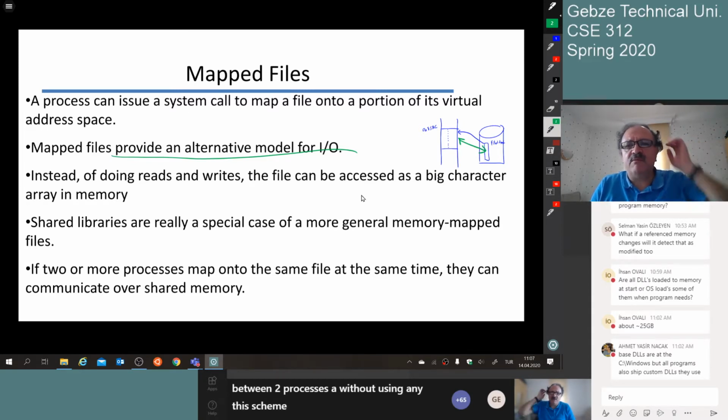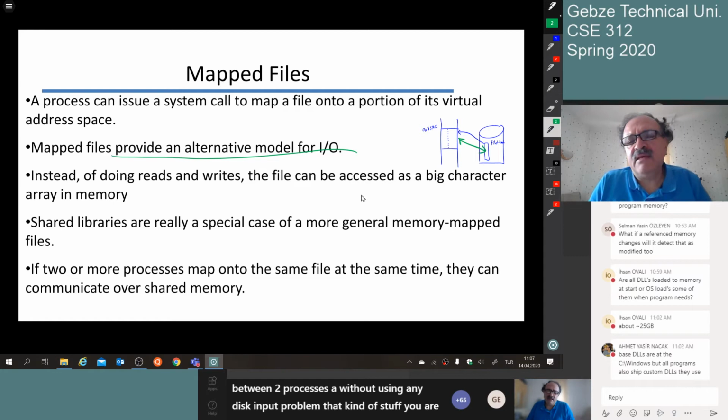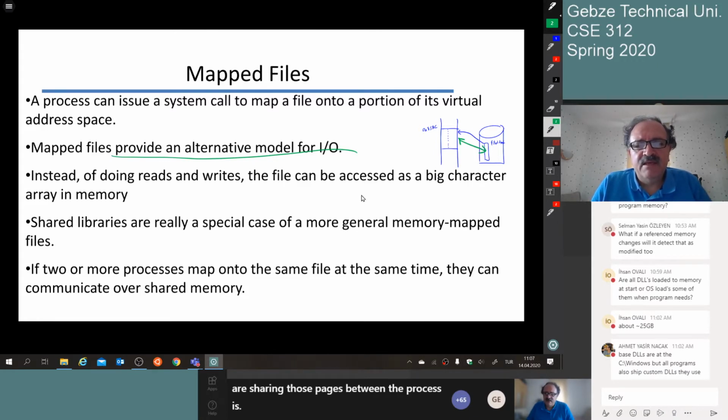You are using your memory. So you are mapping a file to some memory location and you are sharing those pages between the processes. So two processes can communicate over shared memory that way. Okay, any questions so far?